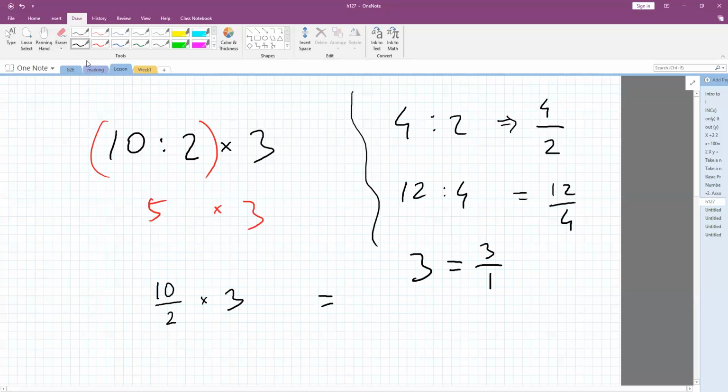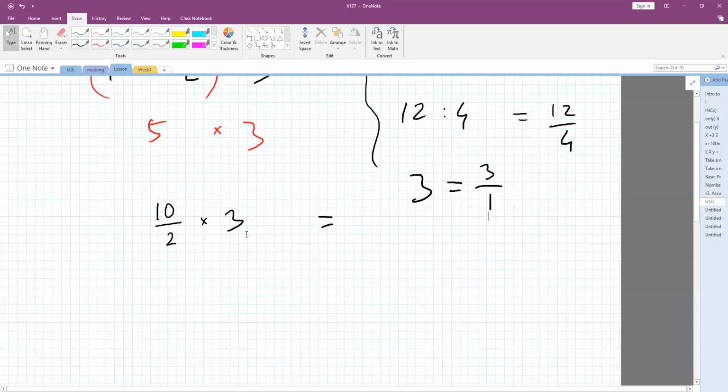So when you have 10 on 2 times 3, what happens is now you are multiplying 10 on 2 times 3 on 1. See, because what happens here is you have a fraction, and then when you want to multiply with something, it's better to convert into a fraction as well. So now when you have 10 on 2 times 3 on 1, 30 on 2, which is 15.